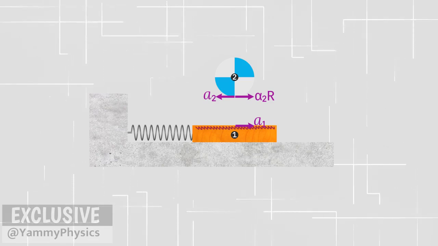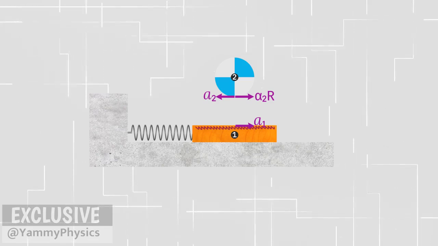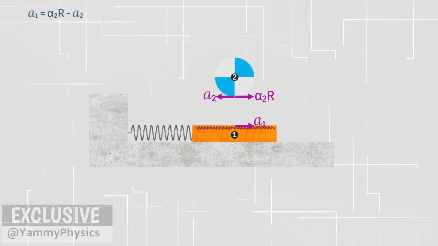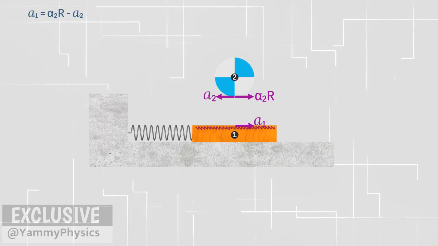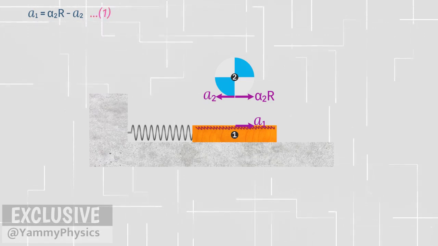In order for each point displacement on the two surfaces to correspond to each other, a1 must be equal to minus a2 plus alpha2 r. This is equation 1.